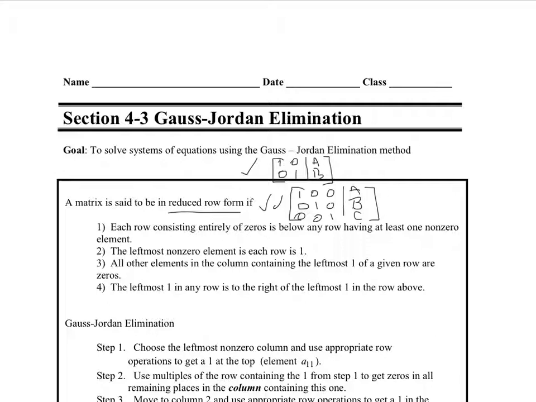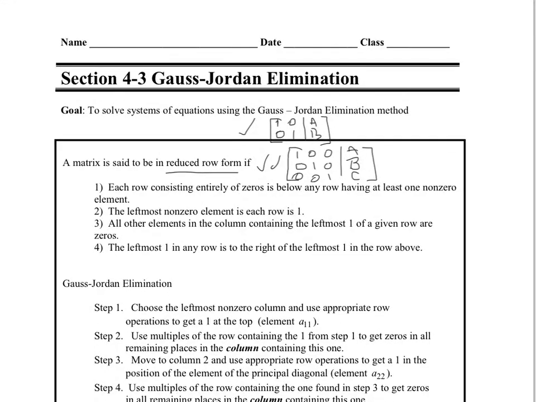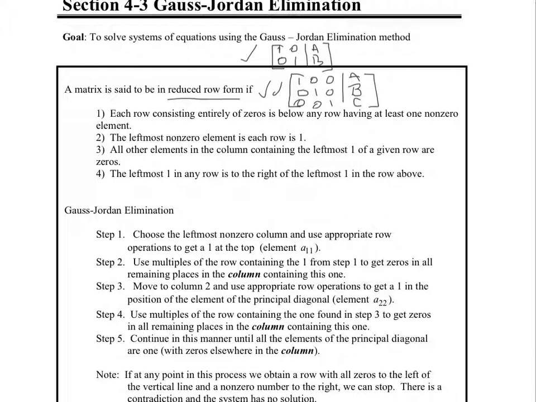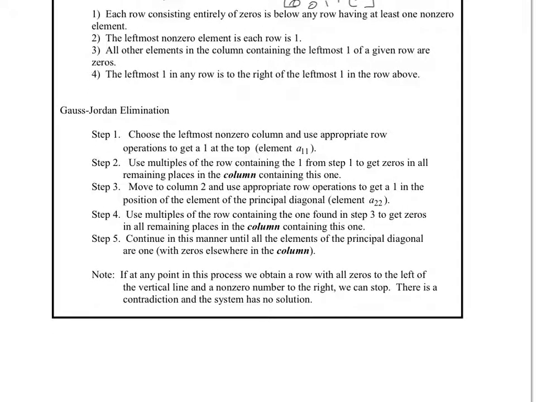That's going to be important if we're working to solve these systems. Now, the rest of this page simply goes through the steps, reminding you how you would put something into reduced row form in order to see what the solution is. I think we're ready to look at the next slide.